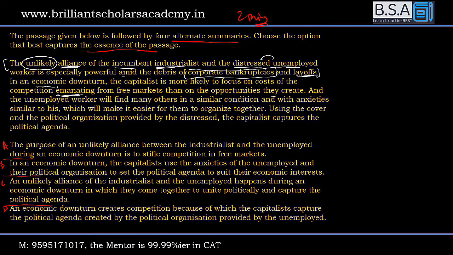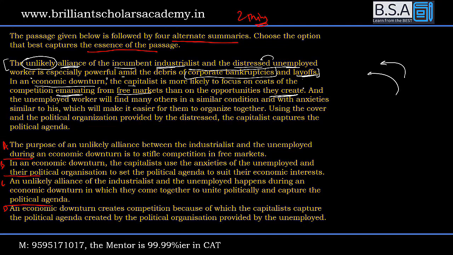Economic downturn means sales are not happening, revenue is not coming. The capitalist is more focused on the competition coming from free markets, because in a free market competition comes from everywhere, rather than the opportunity it creates. When you open the market and it is already down, there is going to be competition from free markets.